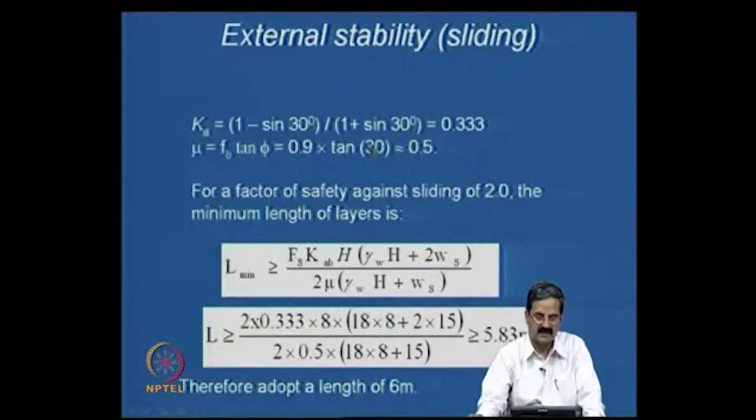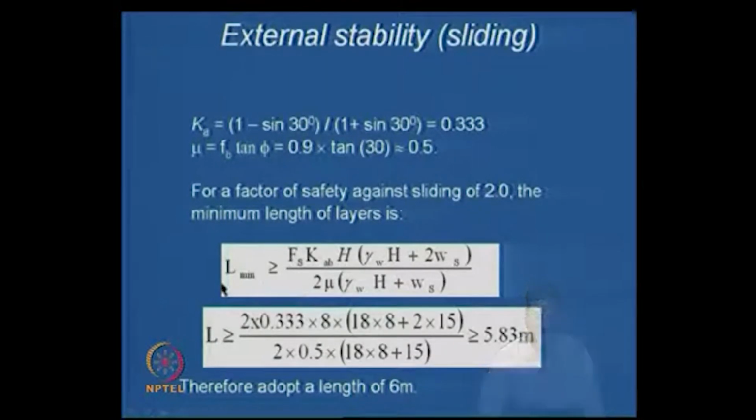As I just mentioned, once you know the quantities and factor of safety, I gave an expression for the sliding stability. If you use the previous formula that we discussed, to avoid sliding, the minimum factor of safety is 2. So, use that number, and all the quantities like KAB, height and surcharge, everything is known.